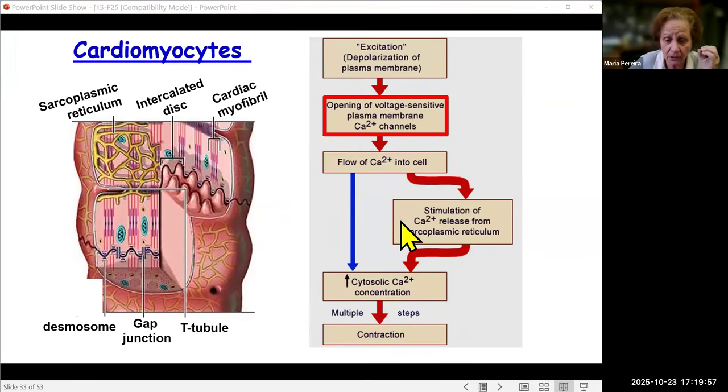Why is this? Because the twitch, the cycle of contraction and relaxation, is much longer. So more calcium is needed to maintain the cell in a contraction mode.